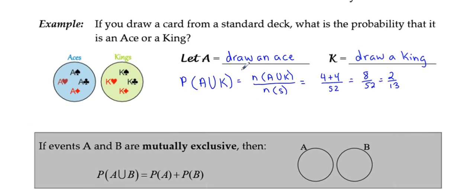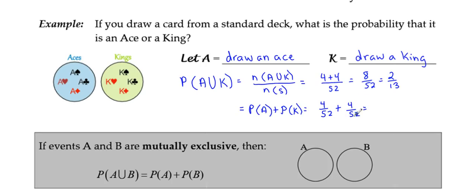Now another way you can do this is rather than just counting the outcomes, because we're looking at the probability of A or B, what we could do is just add the probability of A and the probability of K. So the probability of an ace is 4 out of 52, and the probability of a king is 4 out of 52.